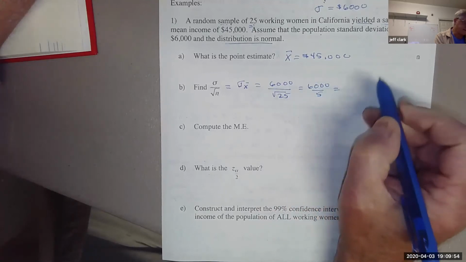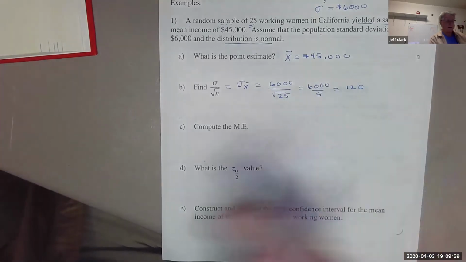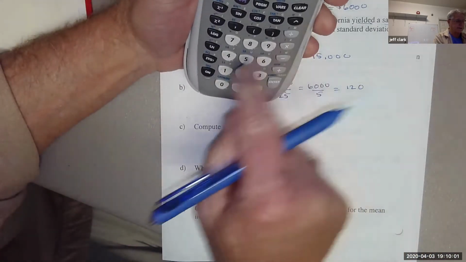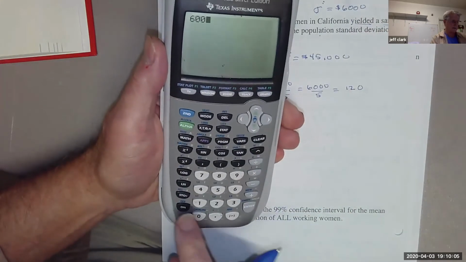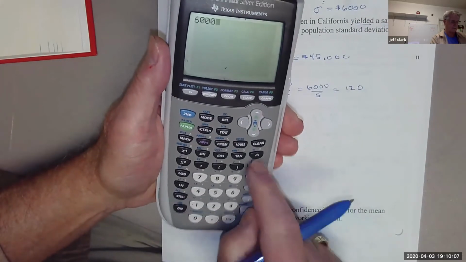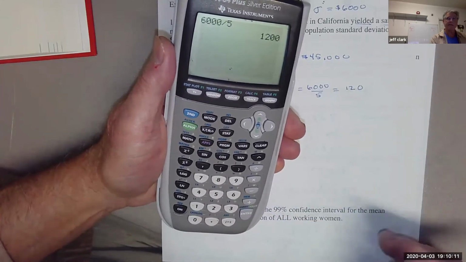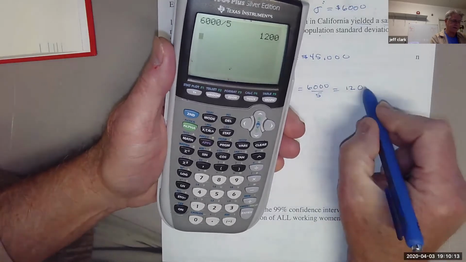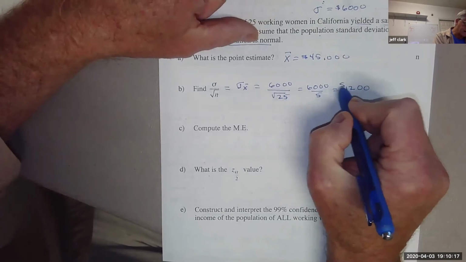And we can simplify that by saying 6,000, I think it's 120. So I'm going to double check that. And see, I made a careless mistake, it's 1,200. So 1,200. And that's money, so that's dollars.